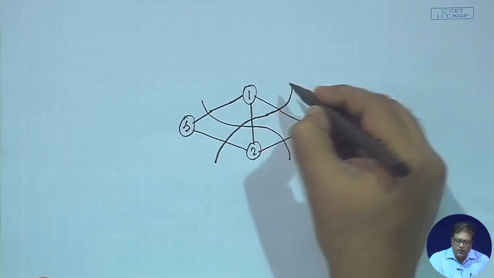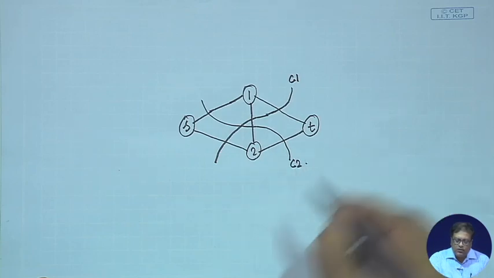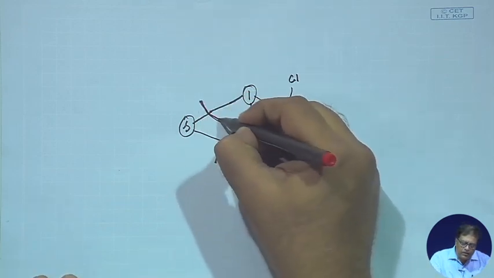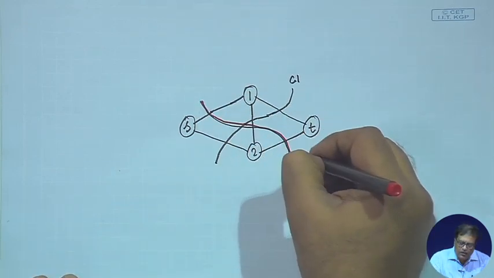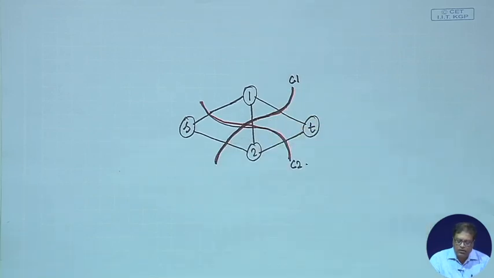So, you see this is C1 and this is C2. Let us use different colors so that it is clear. So, you see this one is C2 and this one is C1.